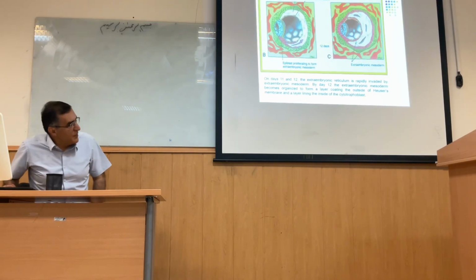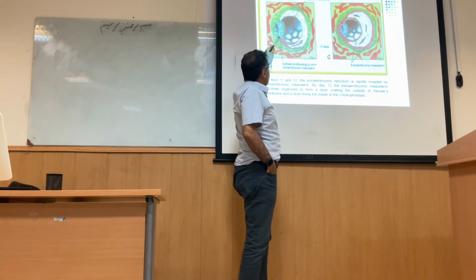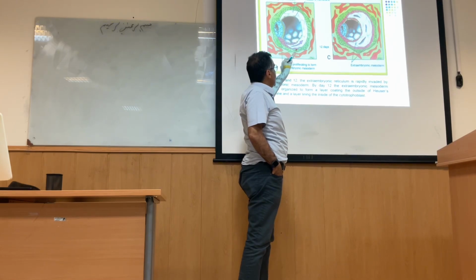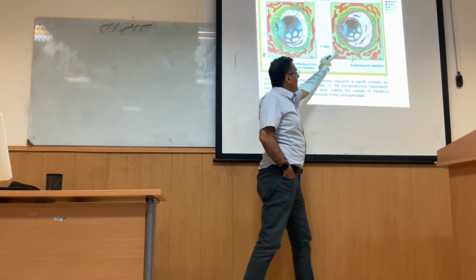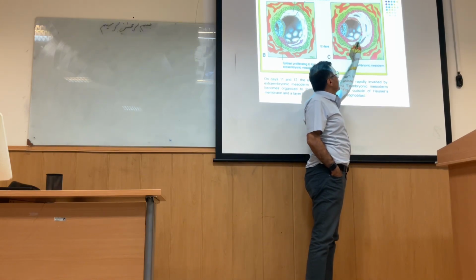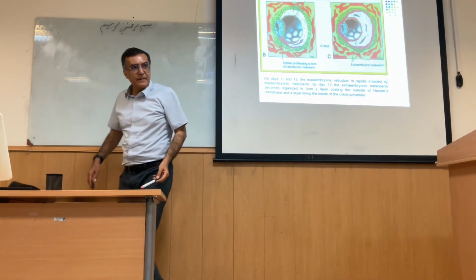Look at the extraembryonic mesoderm in here, by epiblast, splanchnic and somatic. Finally, the extraembryonic mesoderm has 2 layers, and the cavity is formed. That is the extraembryonic coelom or chorionic cavity.